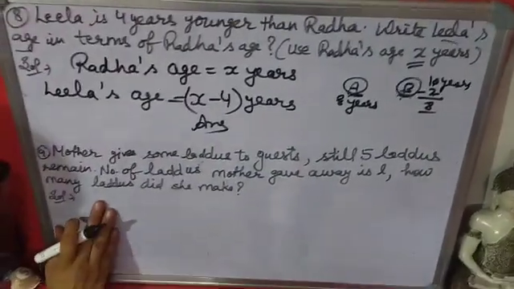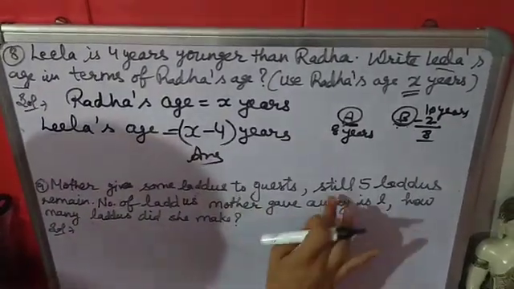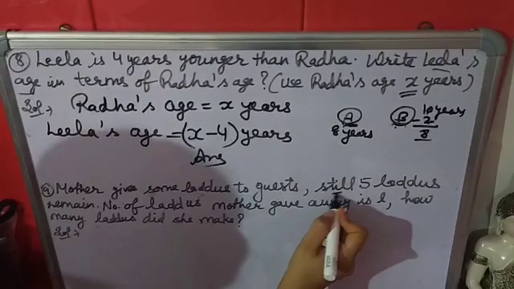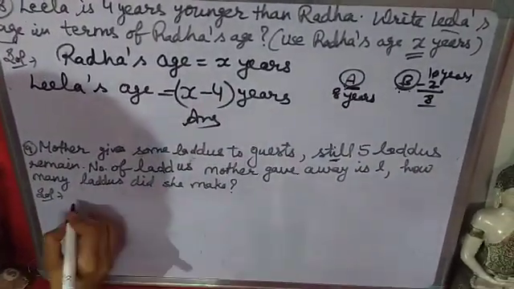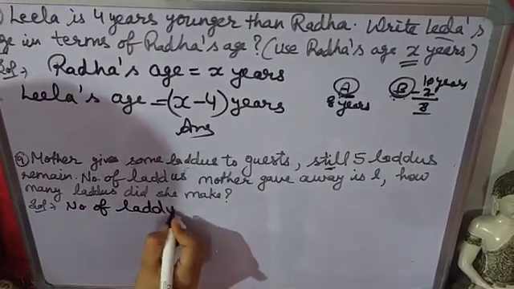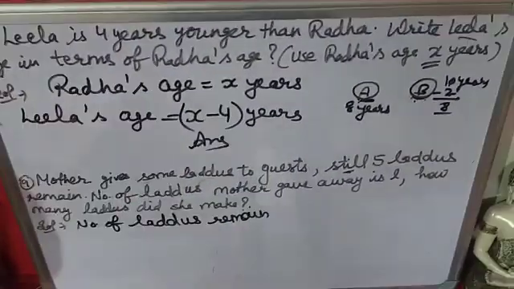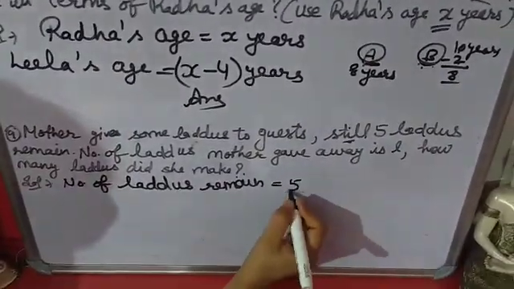Now the next ninth question, mother gives some laddus to guests, okay, still 5 laddus remain. मदर ने कुछ लड्डूस गेस्ट को दिए, उसके बावजूद भी 5 लड्डूस बच गए, ठीक है, so number of laddus remain 5.